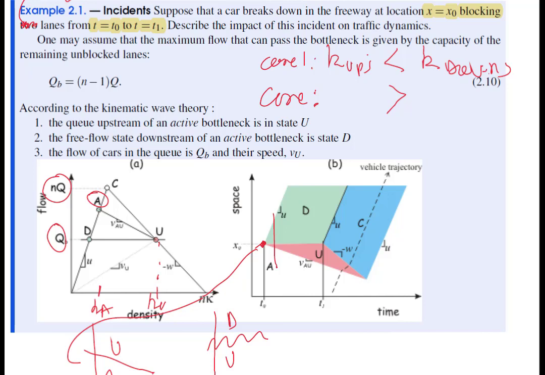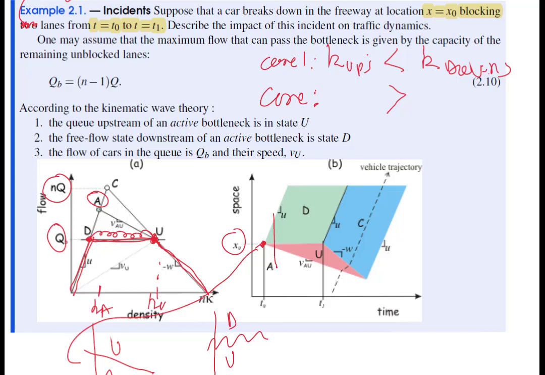Because the way to think about it is that right at X naught, where the incident happens, the fundamental diagram has this shape of a trapezoid. Okay, so you could apply the case 2 solution to the trapezoid, and you would see that you would start from QU, and then you would move, as we did in deriving the case 2 solution, along the fundamental diagram until you reach the downstream.